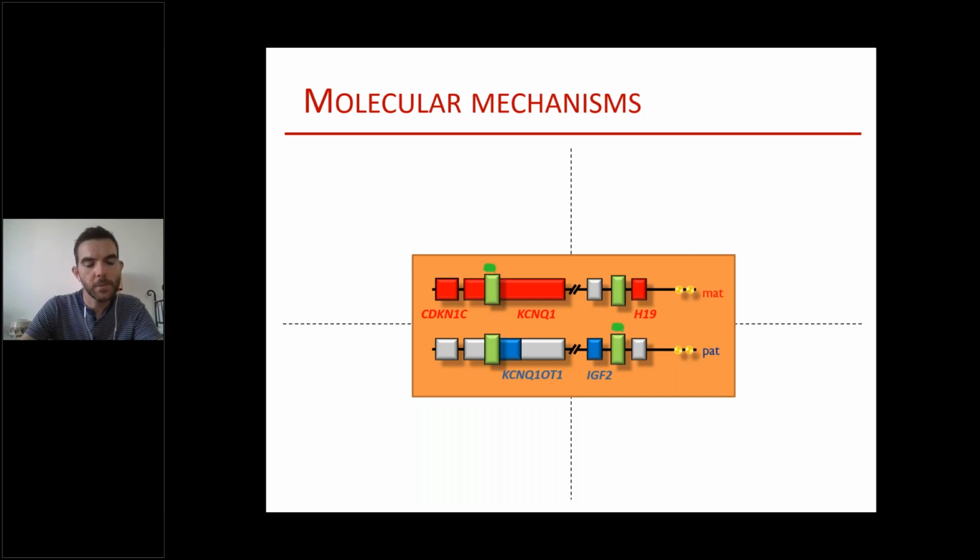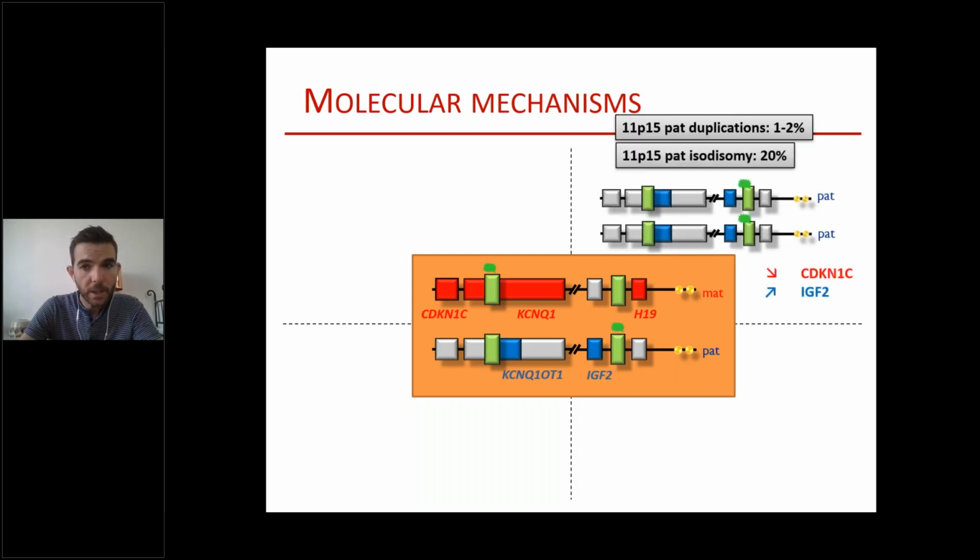When a patient is suspected for BWS, we will test the methylation level at both ICR1 and ICR2. So we will define some categories of molecular anomalies. The first one is represented by 11p15 paternal isodisomy, meaning that for this region, you have a double contribution of the paternal allele and an absence of contribution of the maternal allele.